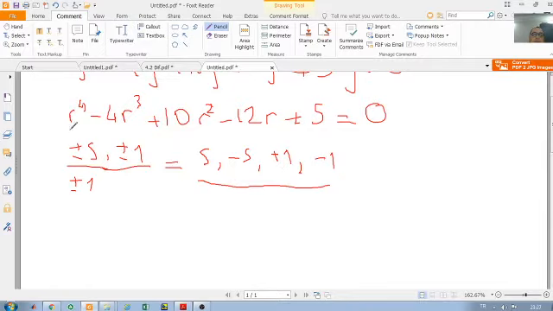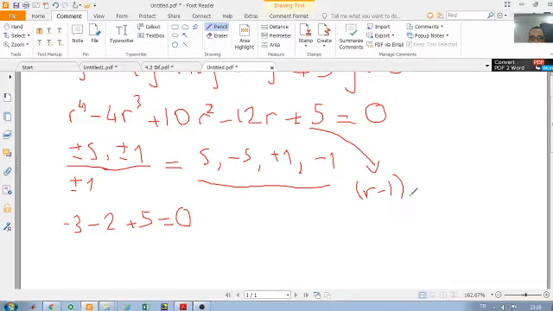When we write plus 1 here, we obtain 1 minus 4, which is equal to minus 3, plus 10 minus 12 is minus 2. Here we have plus 5. So that's it. We found one of the roots. 1 is the root of this characteristic equation, which means it is the multiplication of r minus 1 times something.